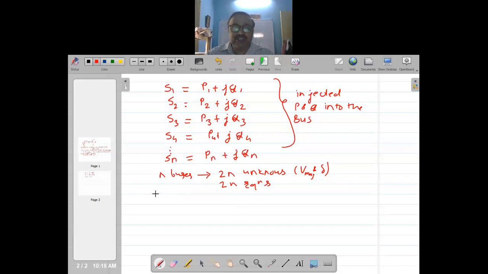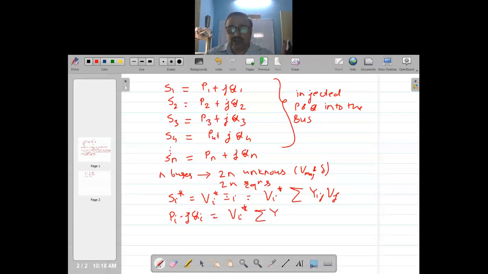Because for each bus, I can write an equation Si conjugate is equal to Vi conjugate into Ii. And then I express Ii as sigma Yij Vj. So I can write the equation for Si conjugate like this: Pi minus jQi will be equal to Vi conjugate into sigma Yij Vj, j equal to 1 to n.